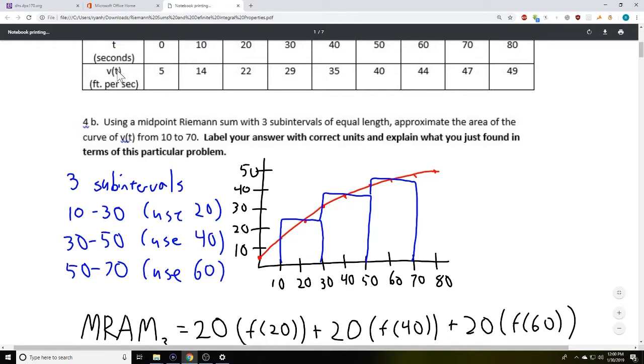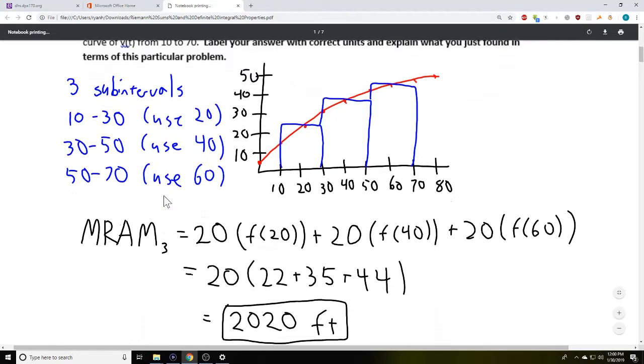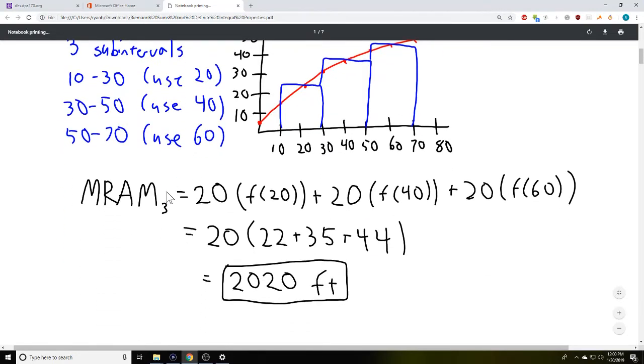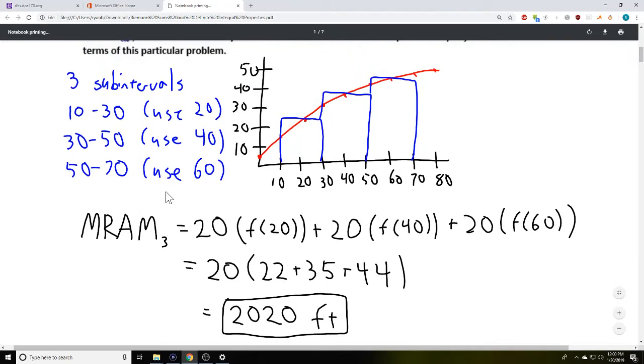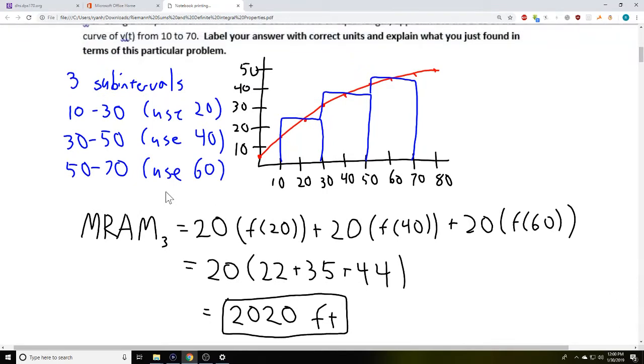So we're taking seconds, multiplying it by feet per second, and that should get us feet. Okay? So take the midpoint of each of the intervals. This is where drawing a picture is really going to help you in doing these. All right, that's number 1.